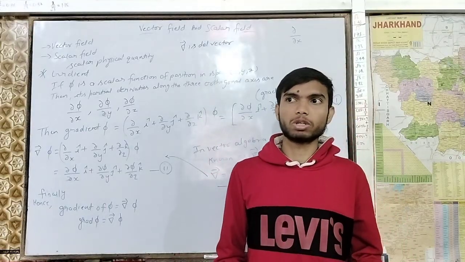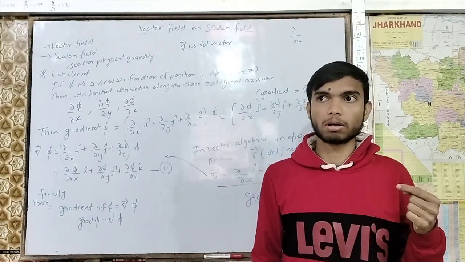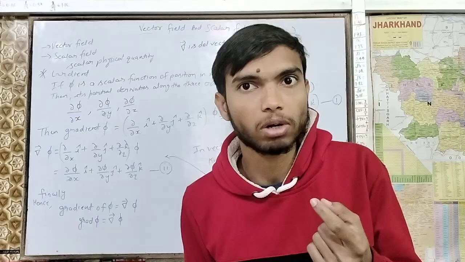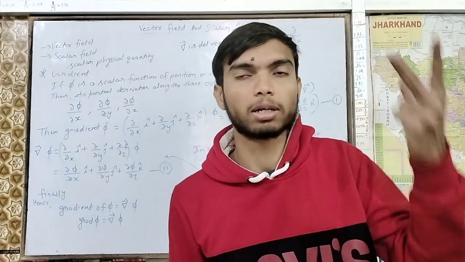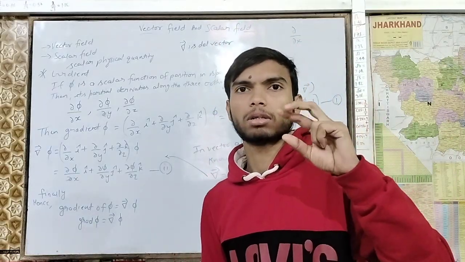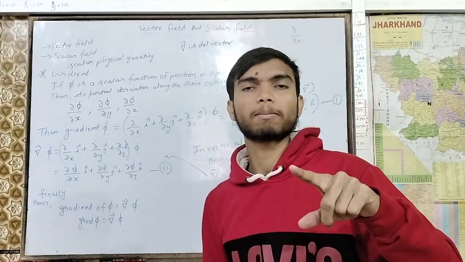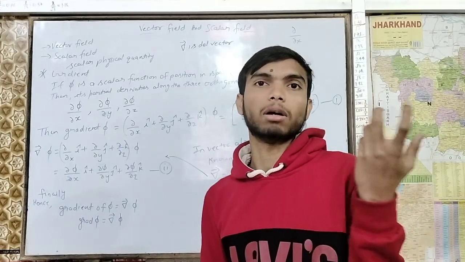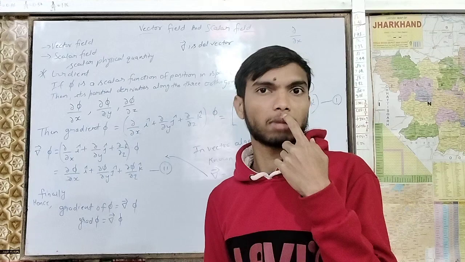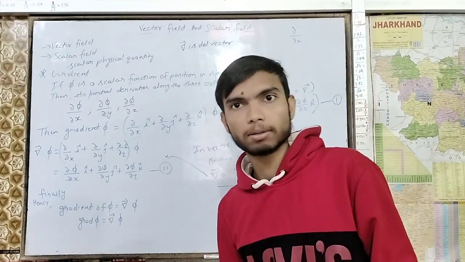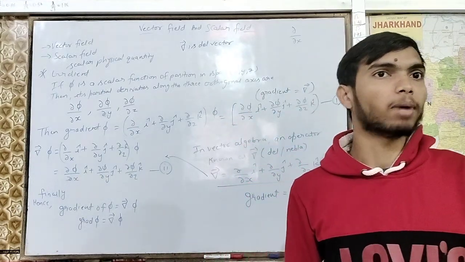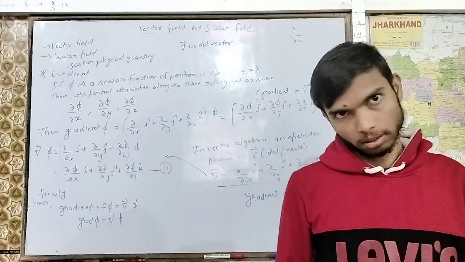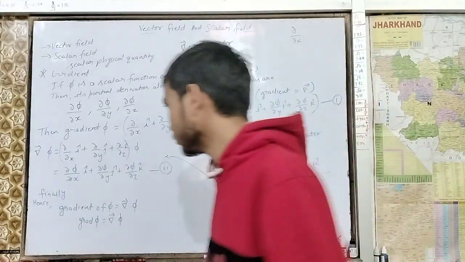And when you are using a vector quantity, you are using the del operator, or you can say you are multiplying the del operator by a vector quantity, then what will happen? I think you might get a scalar quantity.